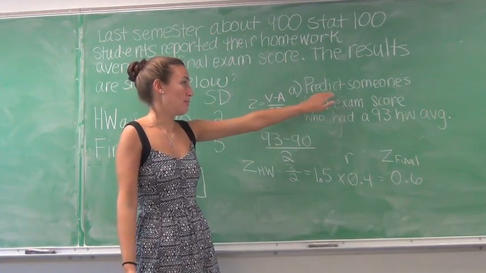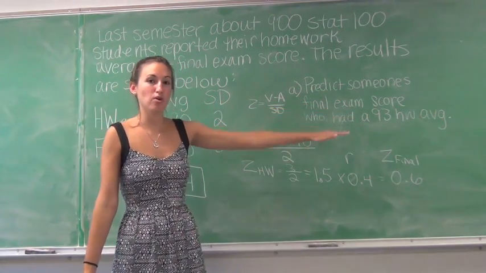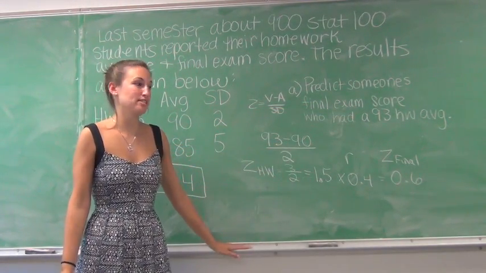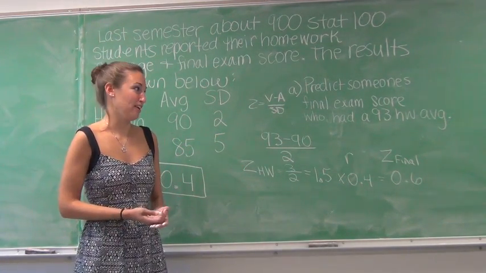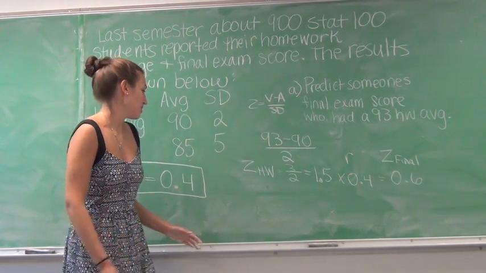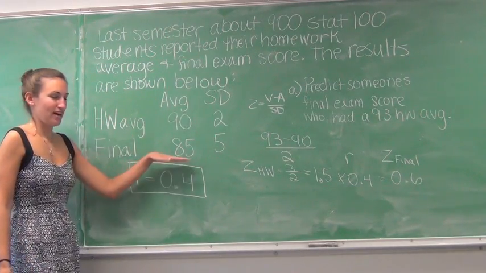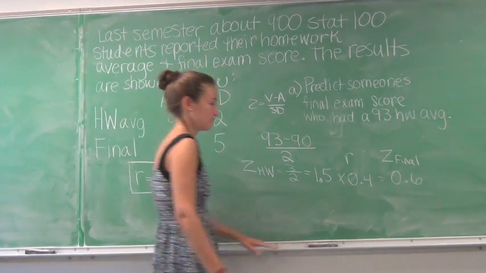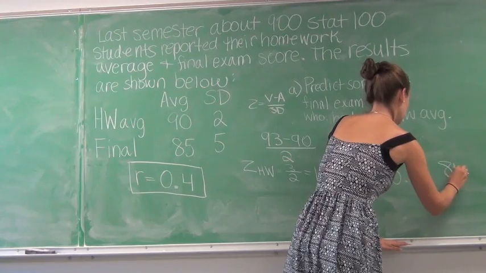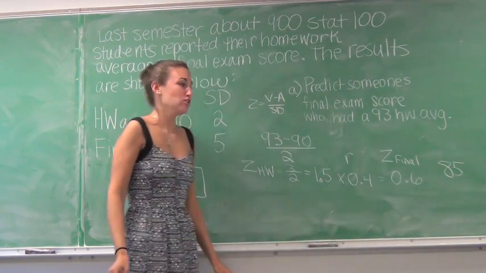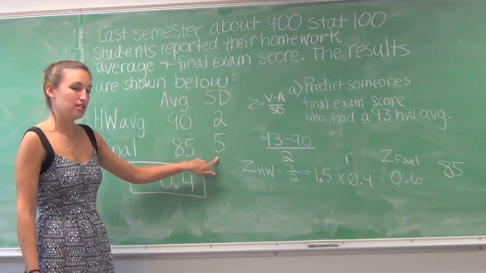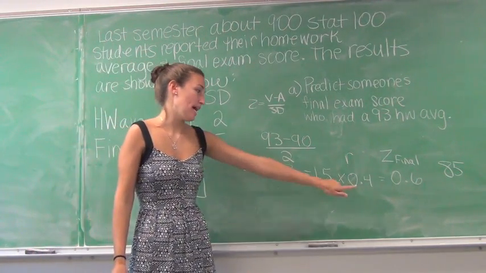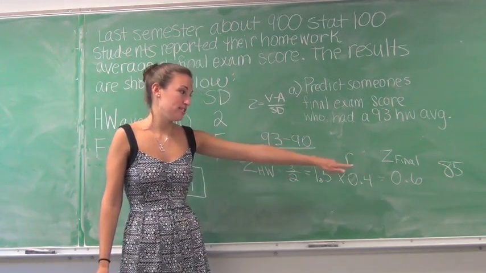We want to, remember, predict someone's final exam score. So we have the z-score for final exam. We know this formula. We can predict their final exam score. So we're going to start at the average. The average for the final is 85. And then we're going to add the standard deviation, but remember, we have to multiply it by our z-score.